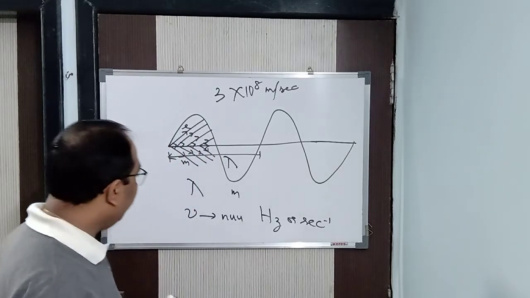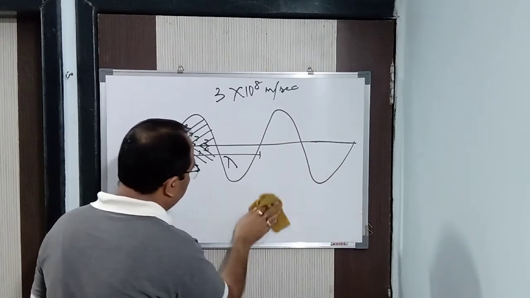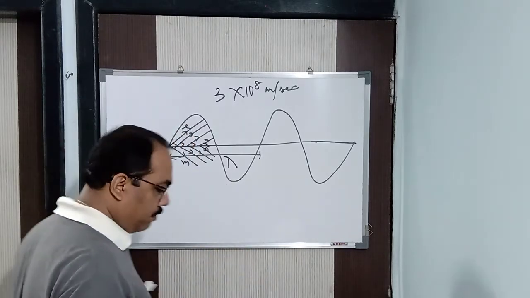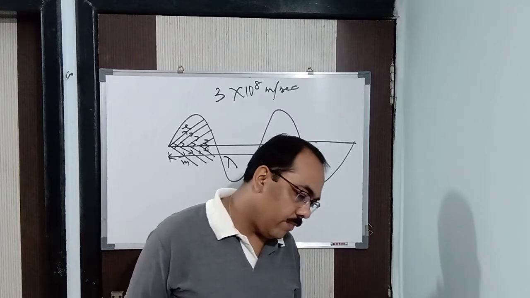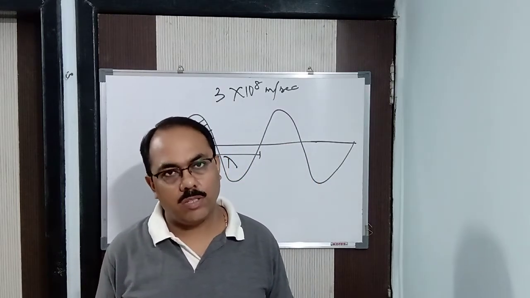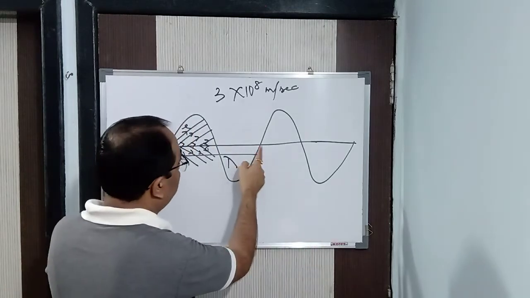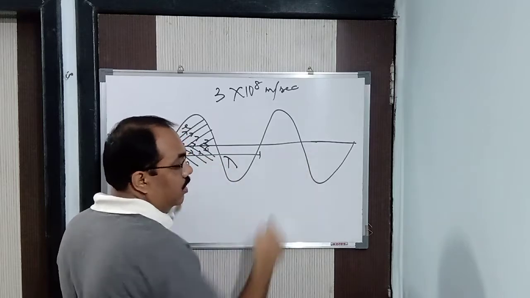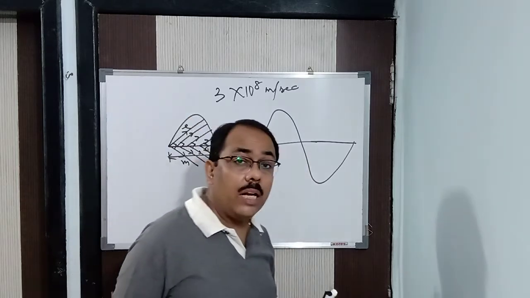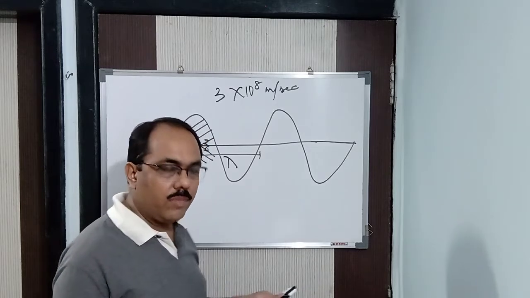Next, wave velocity. It is defined as the linear distance traveled by the wave in 1 second. Linear means straight. The linear distance traveled by the wave in 1 second is called the wave velocity. Because you know velocity is nothing but displacement by time, same thing.